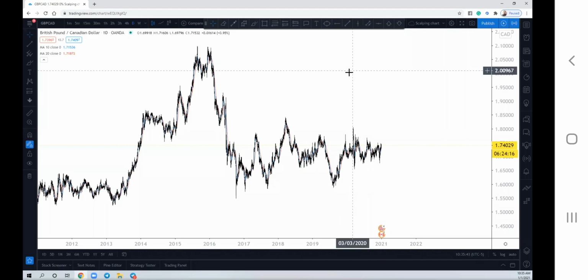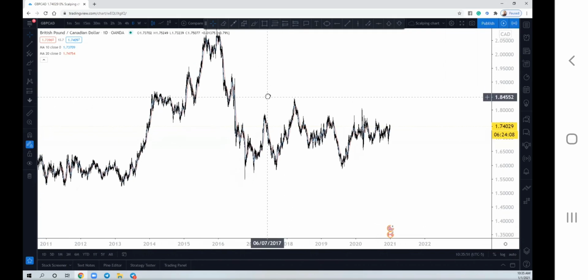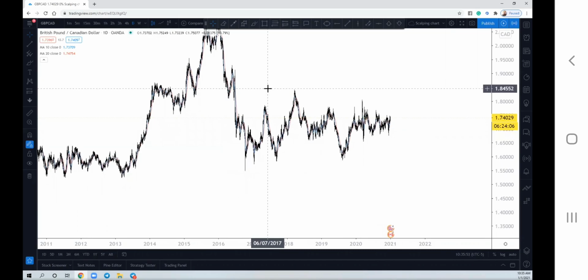So here we are on an actual chart of GBP CAD, and I want you to just find your major support and resistance. If you went through the Epic University Basics 1 and 2, you should know how to find your support and resistance levels.